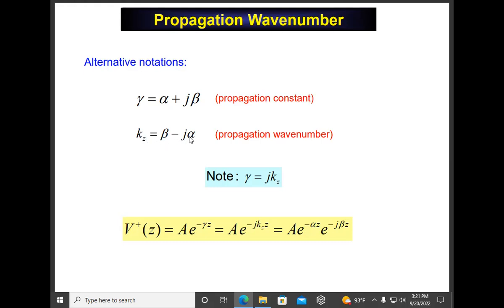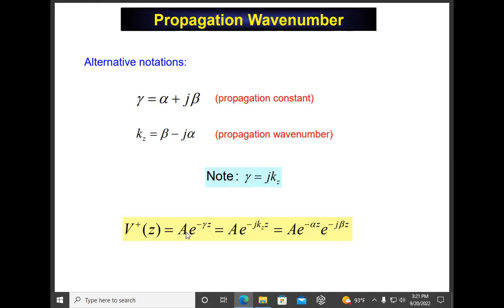It's beta minus j alpha. If you compare the two, you can see they're related simply by gamma equals j Kz. Just multiply this by j and you get this, because remember, j times minus j is 1. Or if you multiply both sides by minus j, Kz is minus j times gamma, whichever way you like. They're related by a j or minus j.